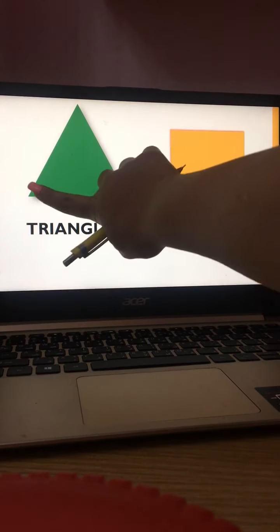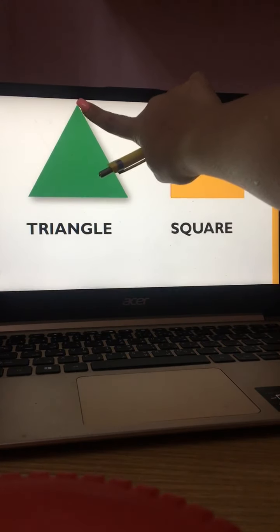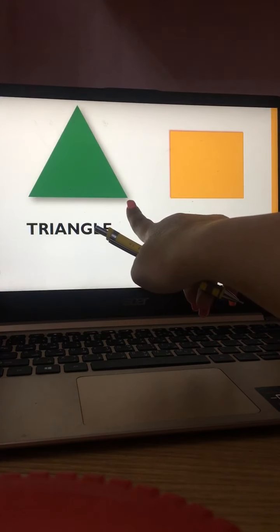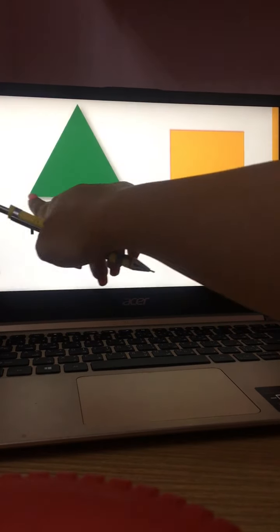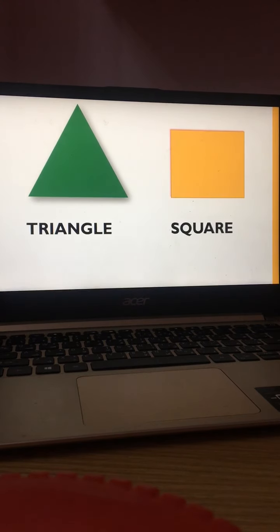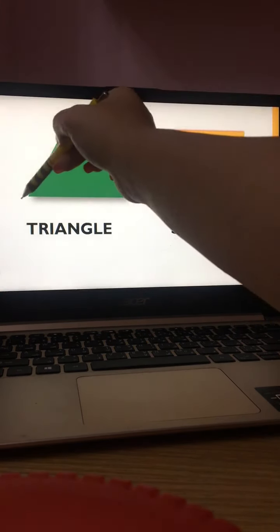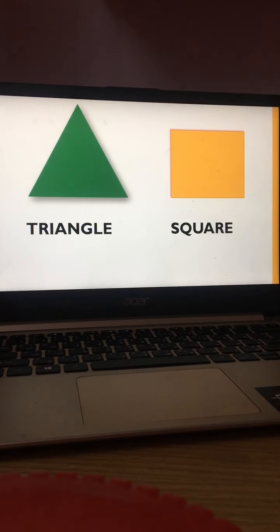This is the length of the triangle, and this is the width of the triangle. So if I want to measure the triangle, this is the length and this is the width. Now we're done with the first 2D shape.